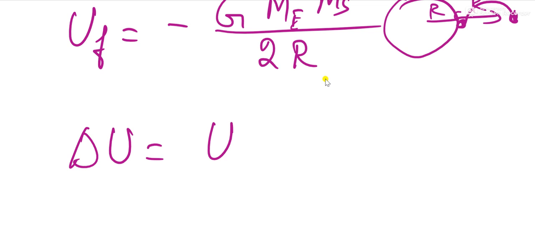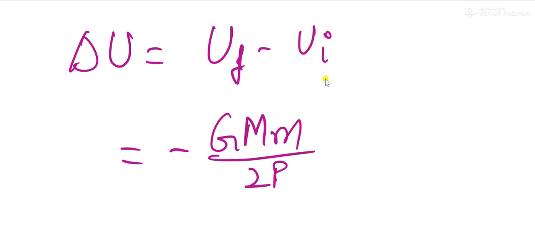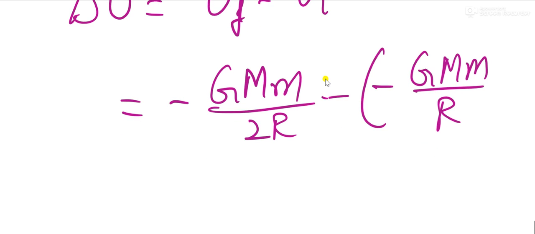Change in energy is energy final minus energy initial, so minus G M m divided by 2R minus of minus GMm divided by R. Minus of minus becomes plus.